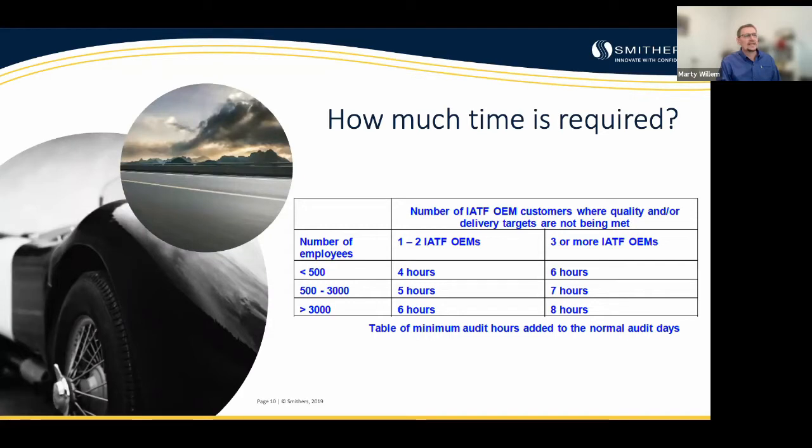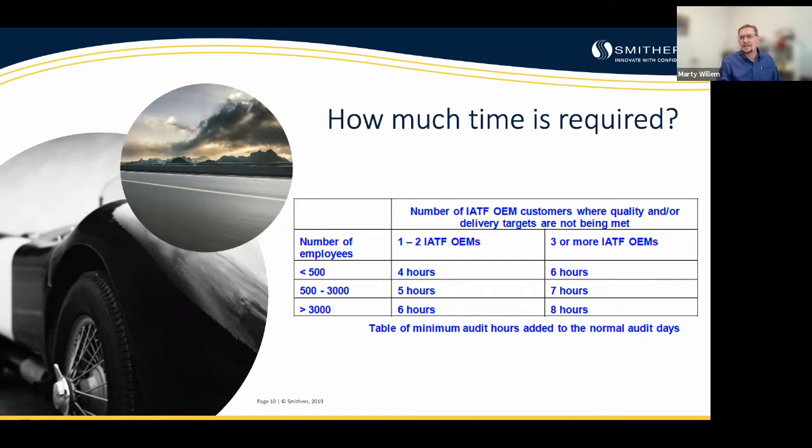But looking at the way that it's spelled out, it's the number of IATF OEM customers where quality and or delivery targets are not being met. So even if we've got a 500 or less employee company that has 3 OEM customers, but only 1 of them demonstrates poor performance, then we're only adding 4 hours.